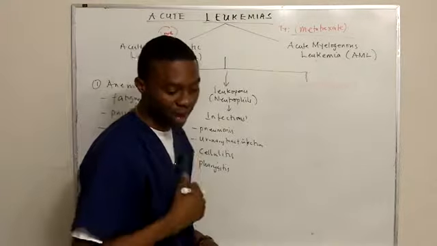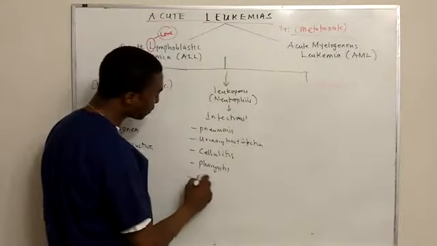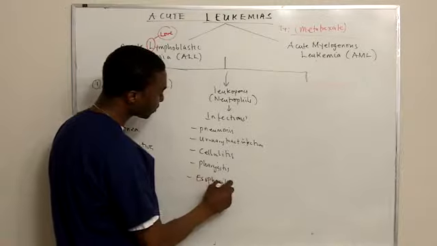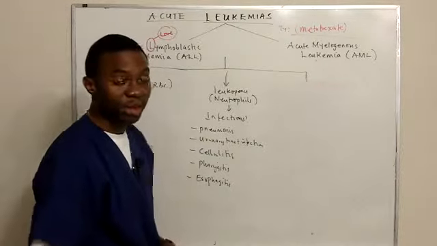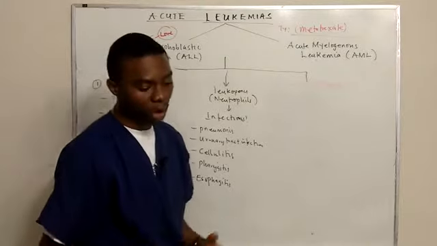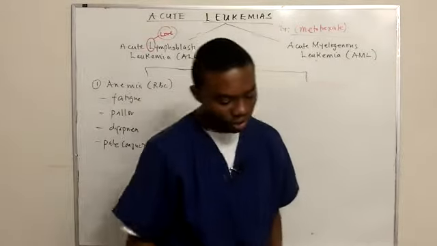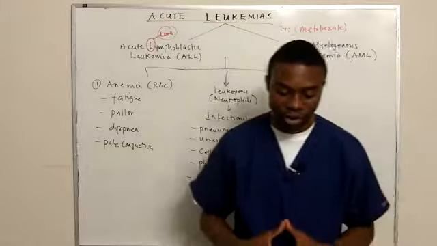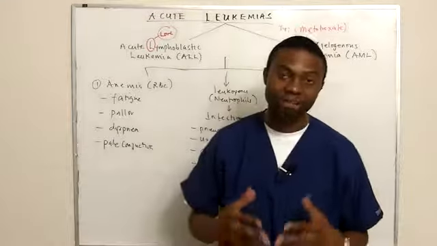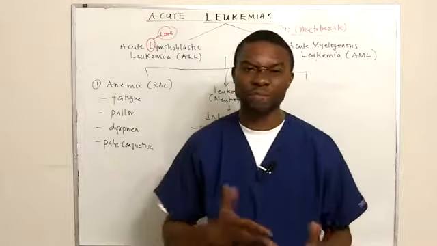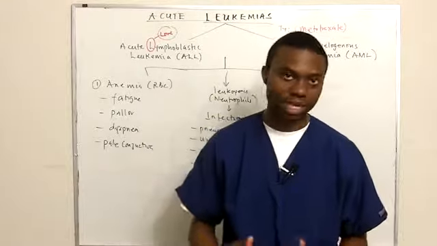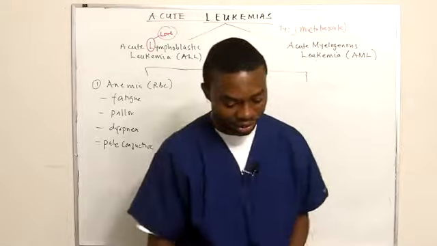Infection of the pharynx, and even esophagitis, which is inflammation of the esophagus, because these patients cannot fight infection properly. Unfortunately, acute leukemia is very associated with a high morbidity and even mortality. This disease is very, very fatal, so you got to treat it very aggressively because it can be potentially life-threatening.